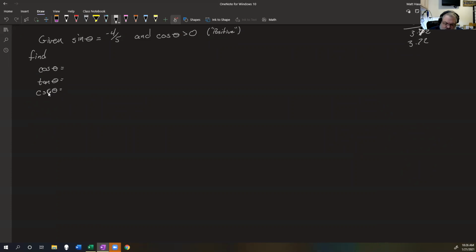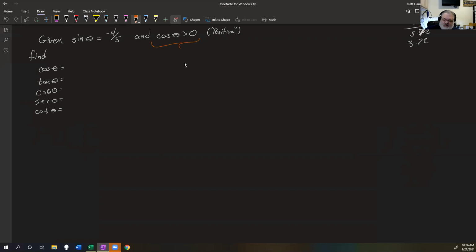Essentially, if we know one of the trig functions and the sign of one of the others, plus or minus, we can find all of the other values. So the first thing, why are we being told here that the cosine is positive?